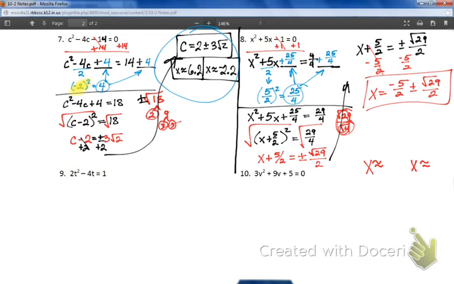Now, another thing I'll say here about this answer is you could simplify this answer slightly because both of the numbers have a common denominator of 2. You could say that this is x equals negative 5 plus or minus the square root of 29 all over 2.